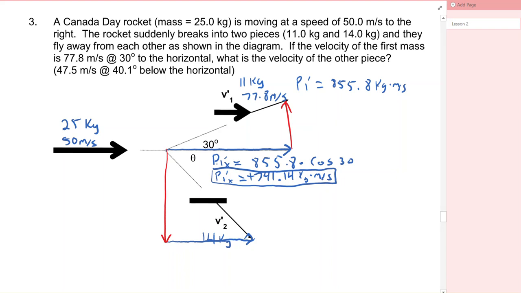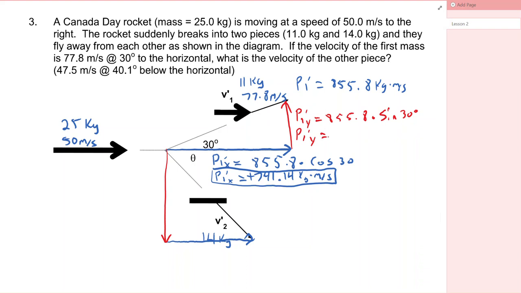Now let's figure out my red one, or my y. So it's going to be very similar. It's going to be momentum of 1 after in the y will be 855.8 times, and this is the opposite side, so it's going to be sine 30 degrees. So momentum of 1 after in the y will be, where do I have this written down?